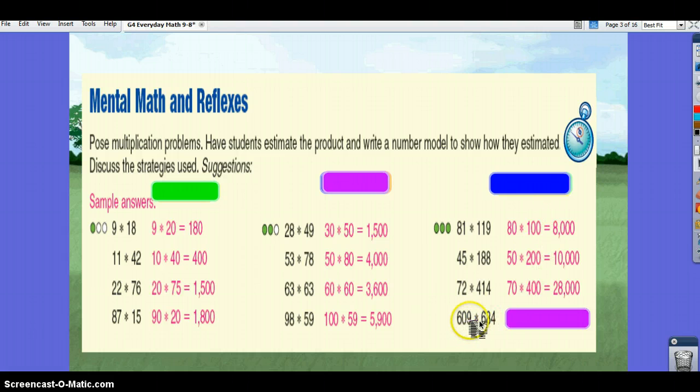And 609 times 684, I would round 609 down to 600, but I'd round 684 up to 700. 6 times 7 is 42, and then I would add the 4 zeros.